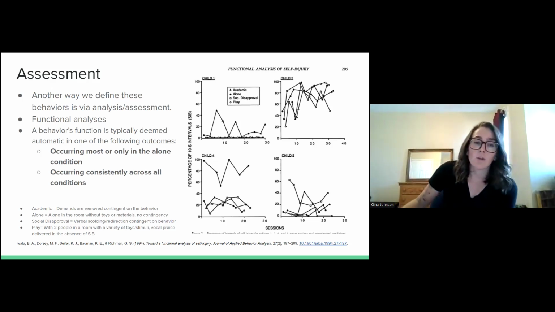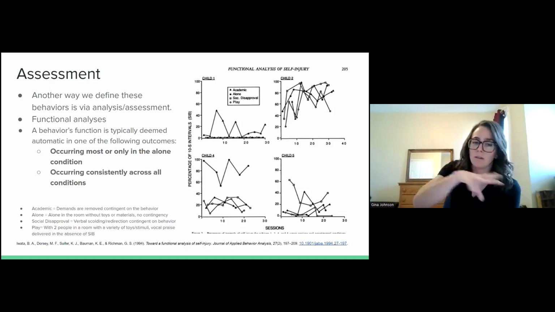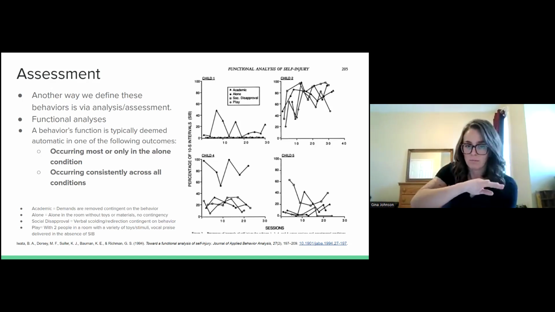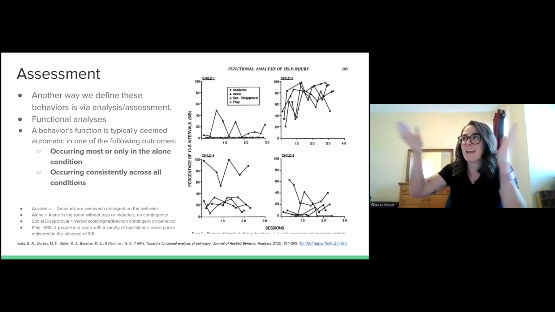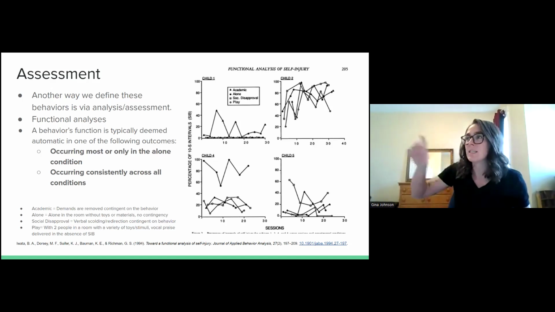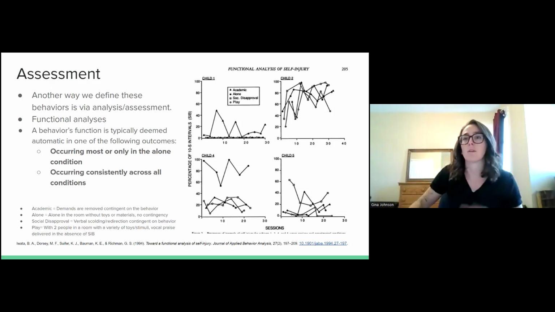So this graph that you're looking at here comes from the foundational study in functional analysis. In every study that you read, when they say we did the functional analysis according to Iwata et al. 1994, this is the seminal functional analysis paper.